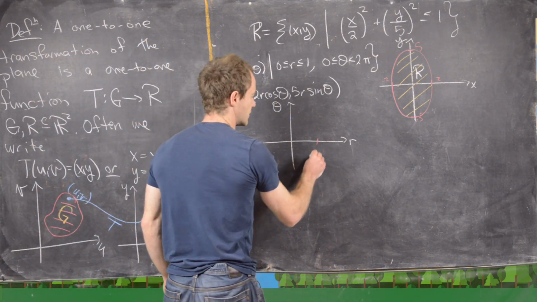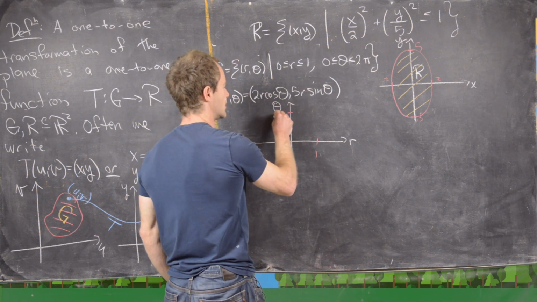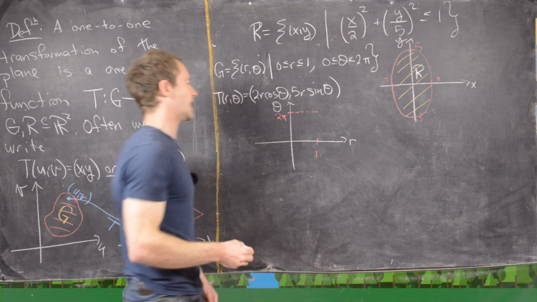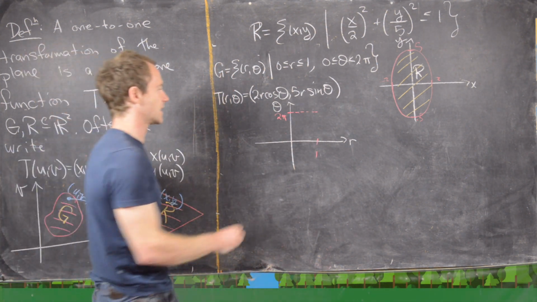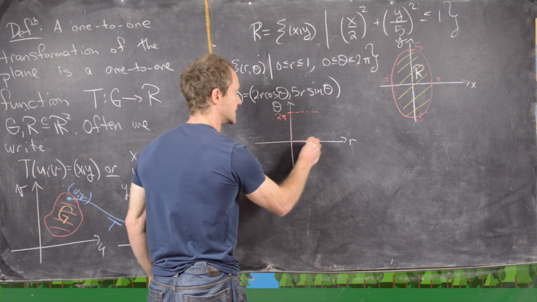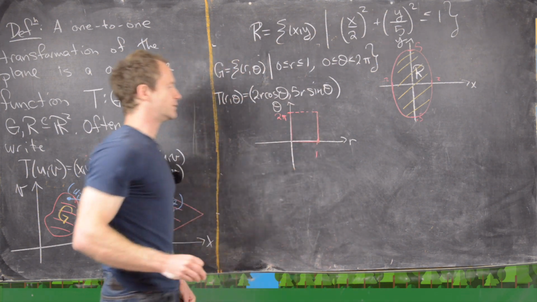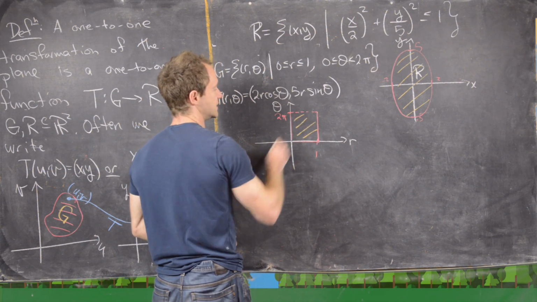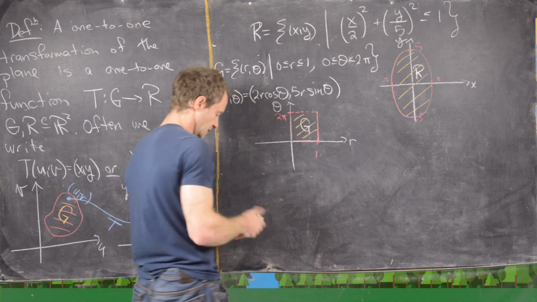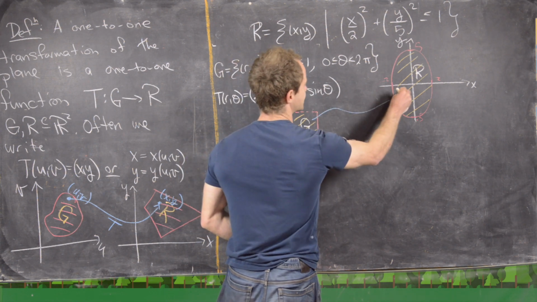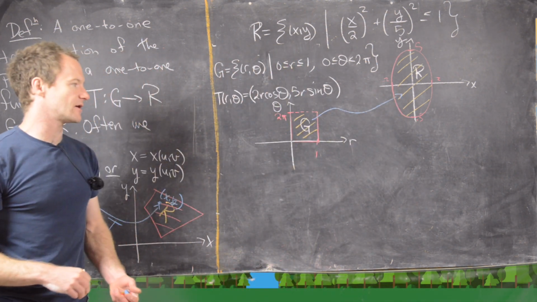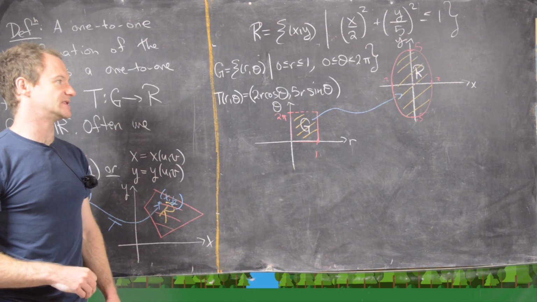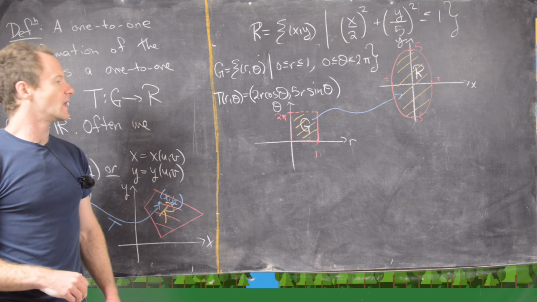So notice r can go out here to 1, theta can go up here to 2 pi, but it doesn't include 2 pi, so we can put a dotted line right there, and then we'll put solid lines all around. So we've got something like that going on, and then over here, this is our region which we've called G. Good. So our transformation takes that rectangle in the r theta plane and turns it into that ellipse in the xy plane. Okay, good.